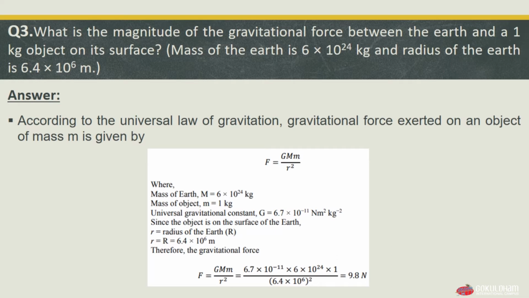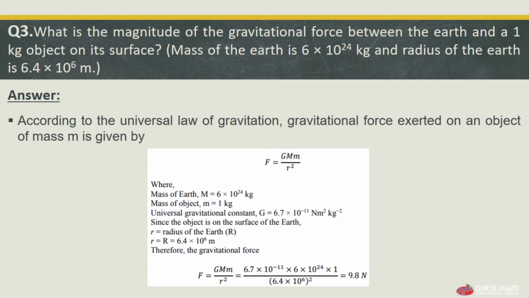We know that according to the universal law of gravitation, the gravitational force that is exerted on an object of mass m is given by force F is equal to G, the universal gravitational constant, multiplied by mass of earth multiplied by mass of object divided by the radius square. Here we have the mass of earth as 6 into 10 raised to 24 kg and mass of object as 1 kg.